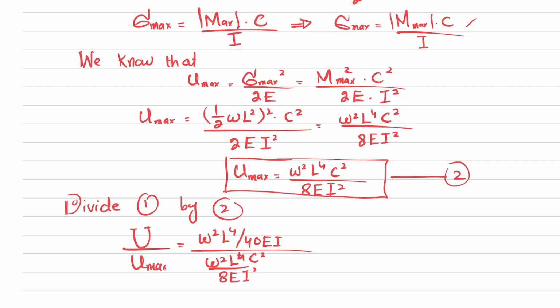Okay, now when you solve this you will get LI over 5C square.